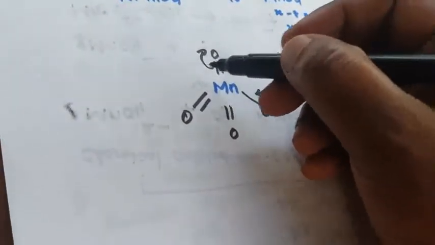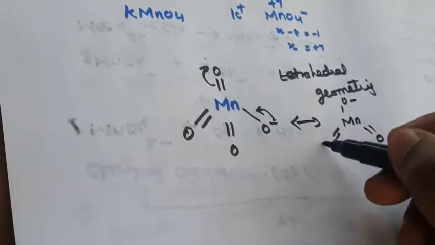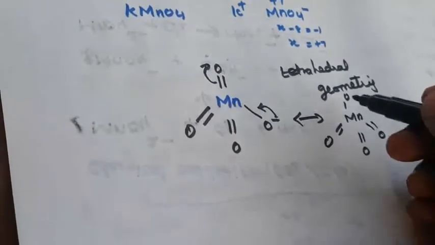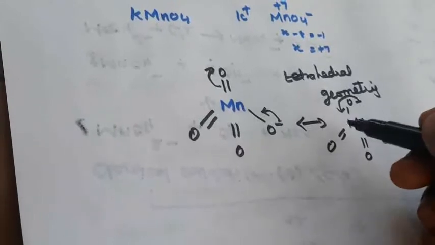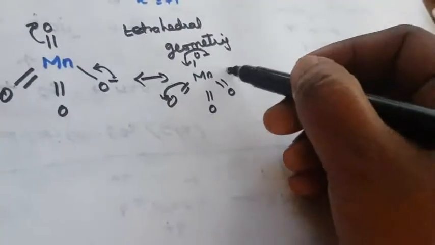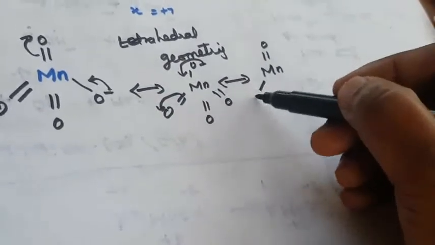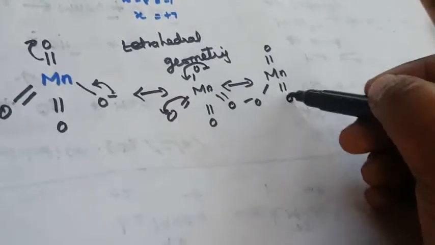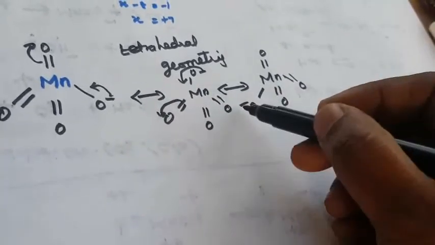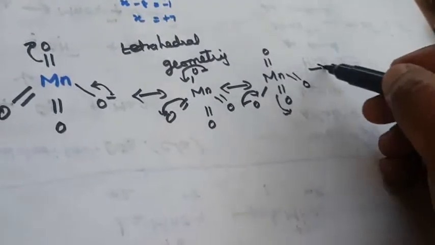So next, Mn, O minus, and here double bond O, then double bond O. Next, this one enters inside and this one goes outside. The permanganate ion exhibits this arrangement. Here is a double bond, here a double bond. Next, this electron enters inside and this one goes outside. So this is the resonance structure.